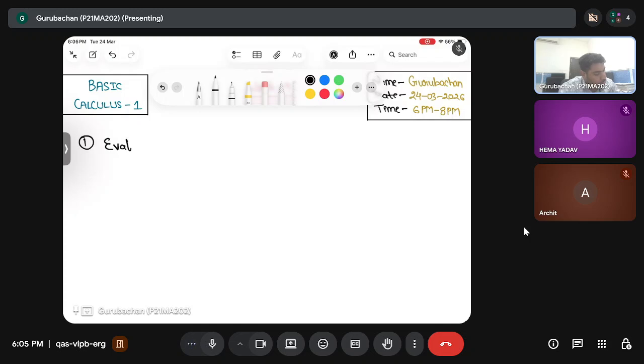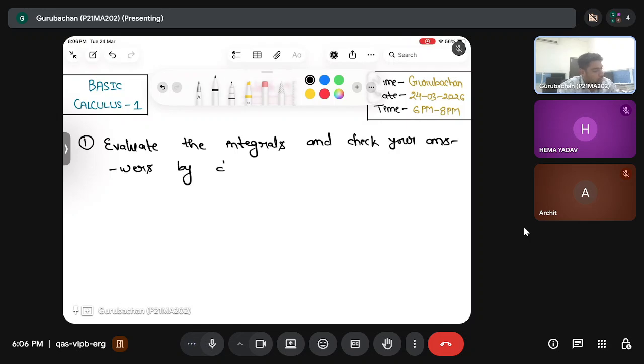Evaluate the integrals and check answers by differentiation.